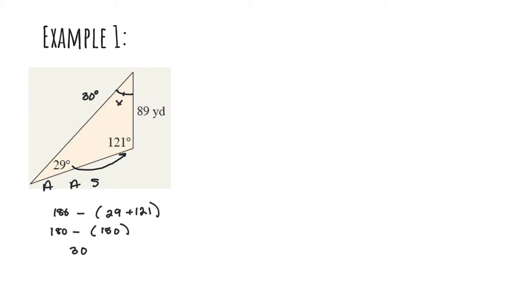Now that we have all of our angles figured out, we can use law of sines. Again, law of sines says sine of an angle over opposite side equals sine of an angle over opposite side. Again, capital letters for the angles, lowercase letters for the sides across. So let's take into consideration the ratio that was given to us at the beginning.